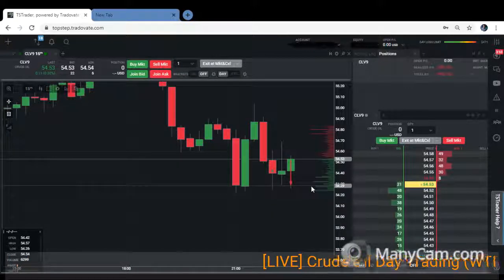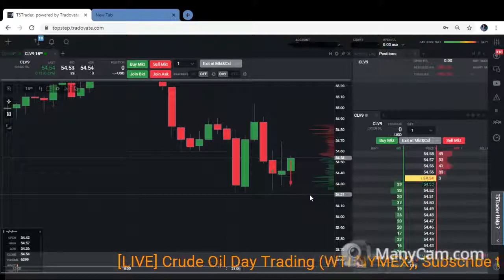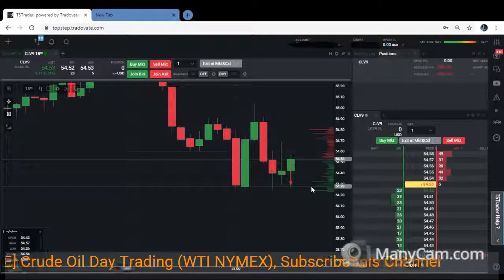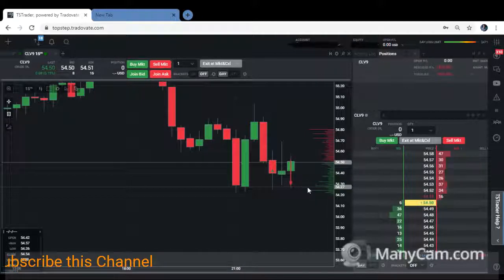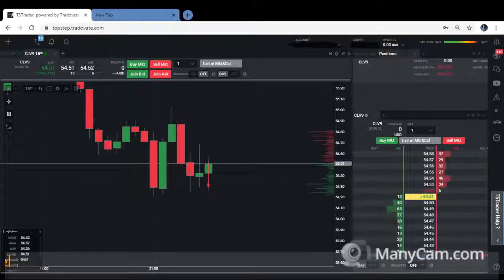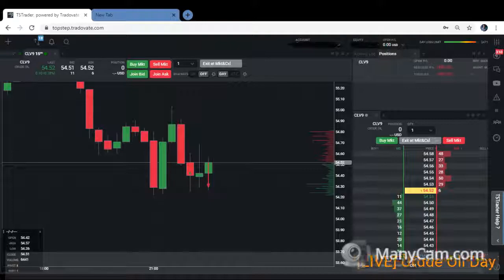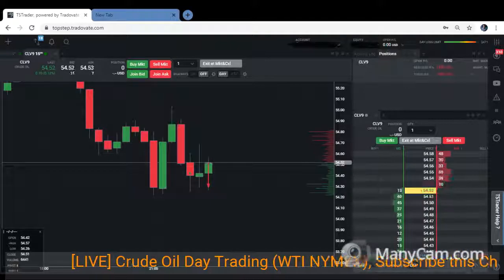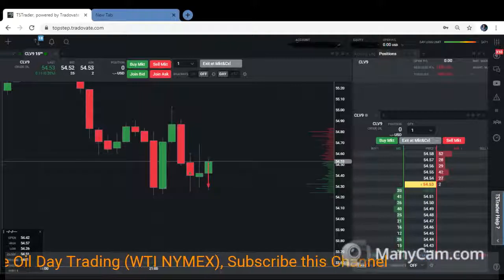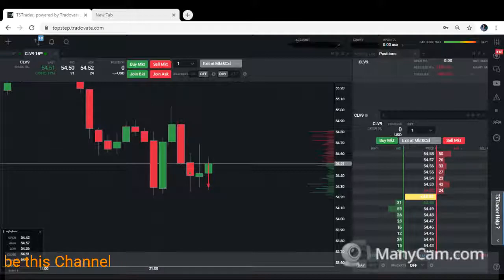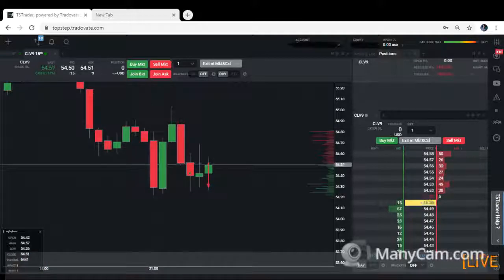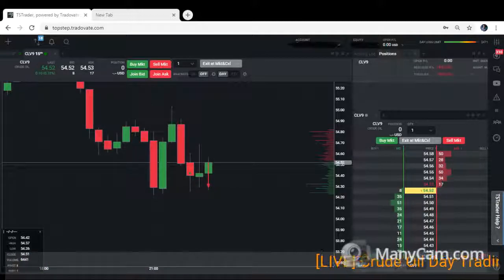But still, the price will go further down to the downside. I'm still expecting the market to reach 54.27. It's a good sell signal, but I will not go into the market, because it almost hit my daily limit, as I'm limiting to around 500 US dollars daily.